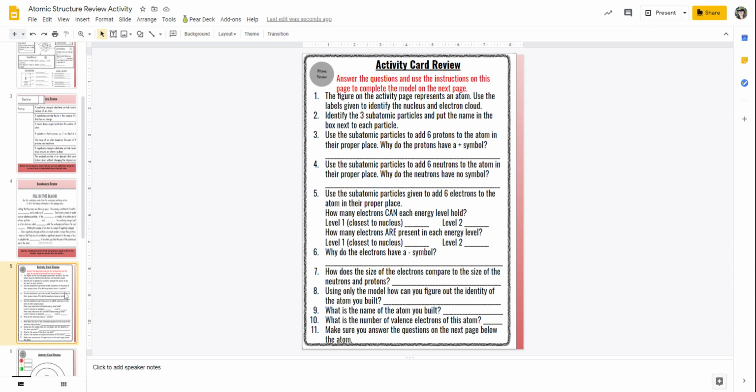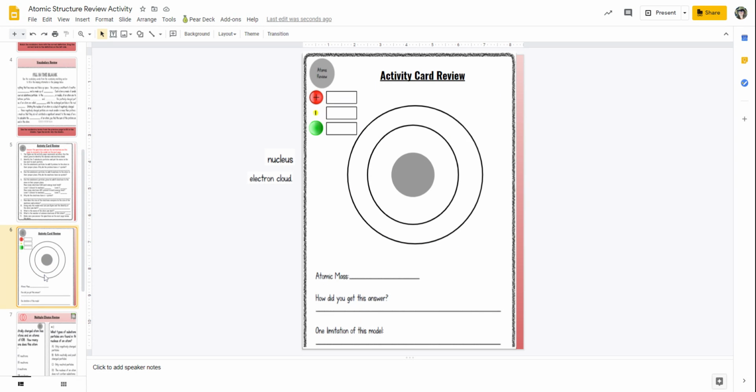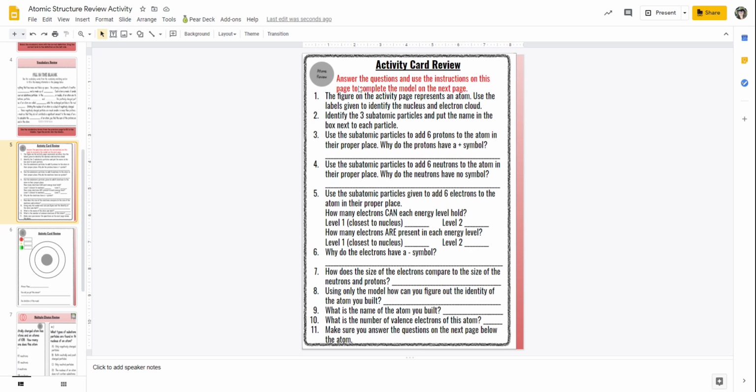Then from the vocabulary review, we move on to the activity card review, and this has 2 pages as well. The first page is the instructions and some questions, and the second page is the actual activity. It tells you right here in red, answer the questions and use the instructions on this page to complete the model on the next page.